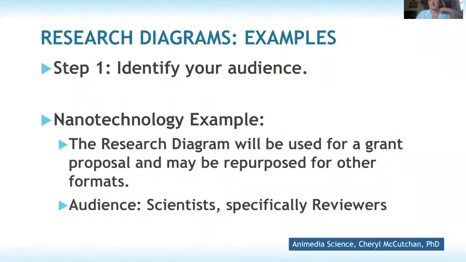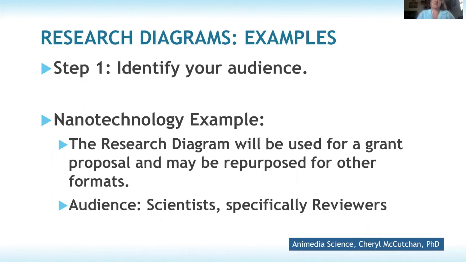Okay, so I'm going to go through an actual research example. I worked with a scientist at Syracuse, and he was submitting a grant proposal about a biological nanotechnology subject. It was pretty obvious after talking to him who his audience was.